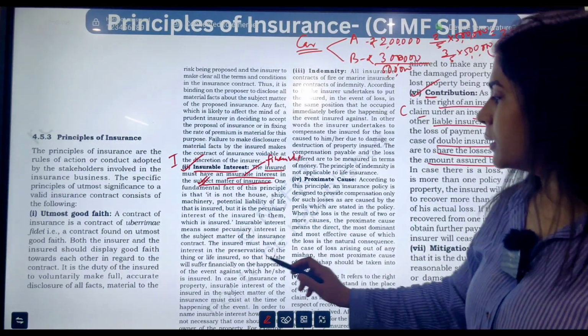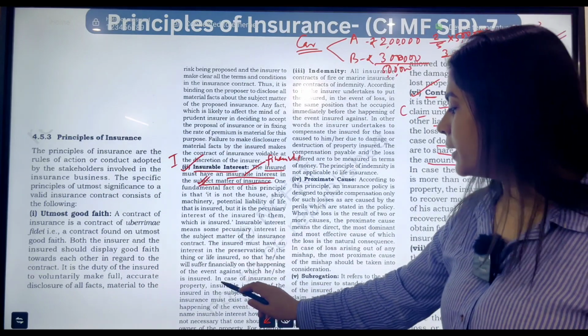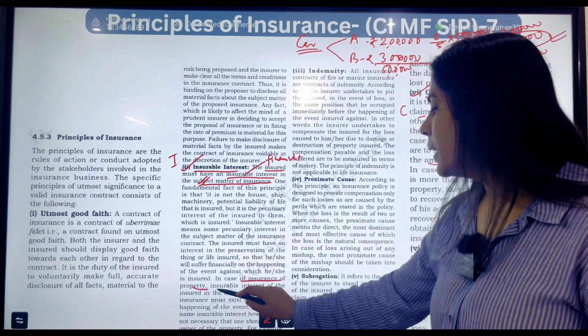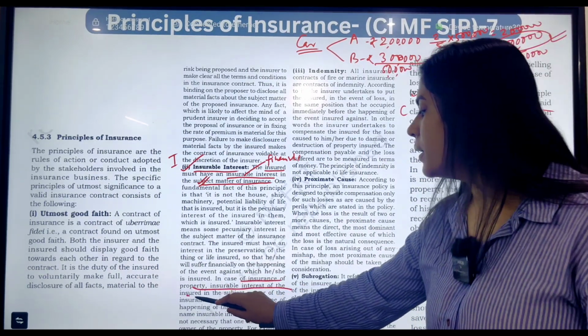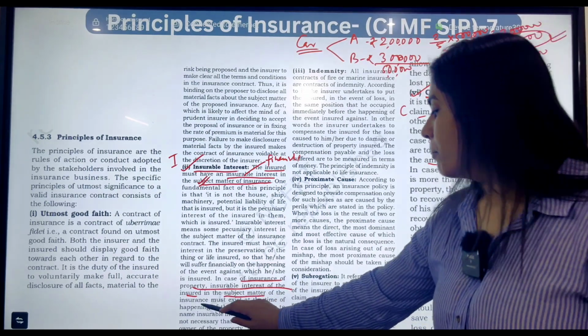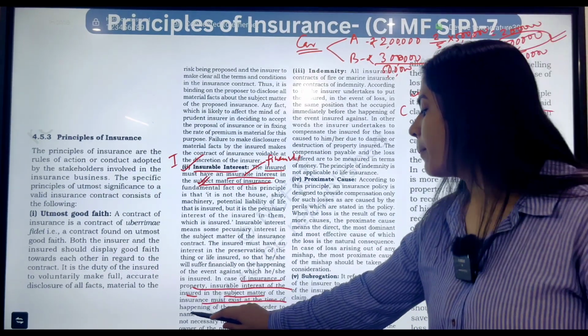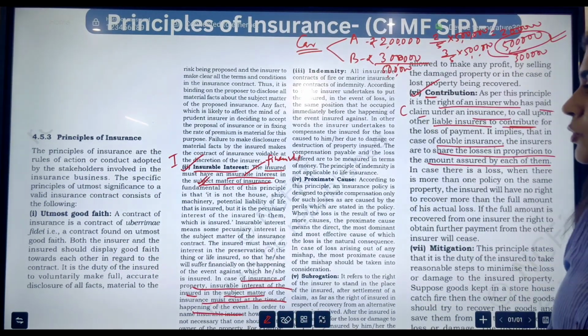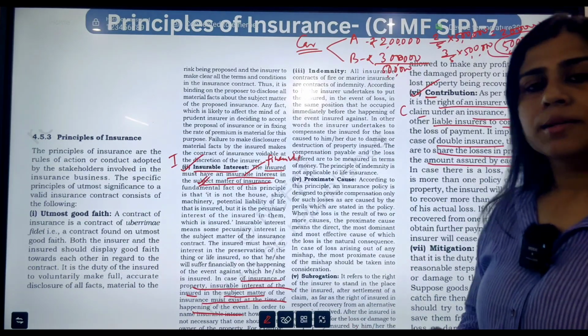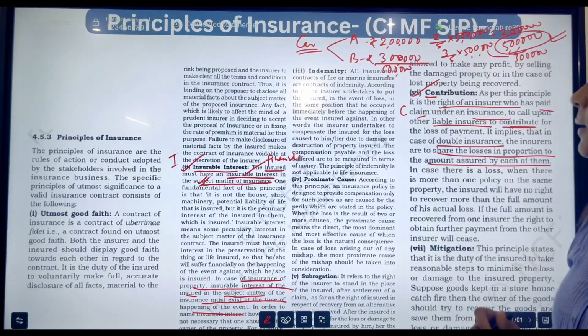This is well explained in NCERT also: in case of insurance of property, the insurable interest of the insured in the subject matter must exist at the time of happening of such an event. Then only the insurance is taken. So this is the principle of I.